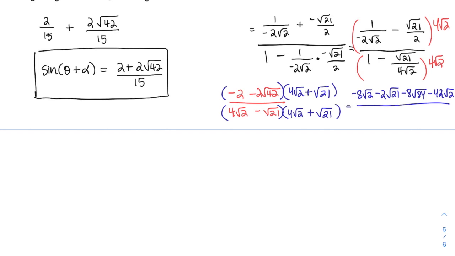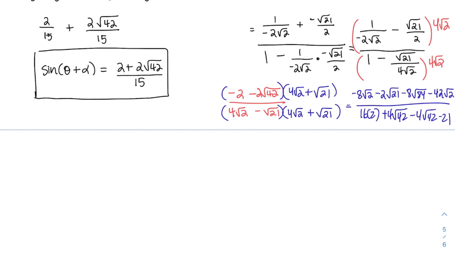So root 21 and root 42, they each have a 21 in them, so that's going to come out, which is where my 42 came from, 2 times 21, root 2. And on the bottom I got 16 times 2 plus 4 root 42 minus 4 root 42 minus 21.